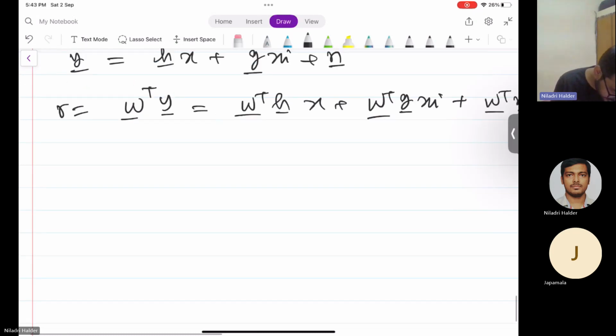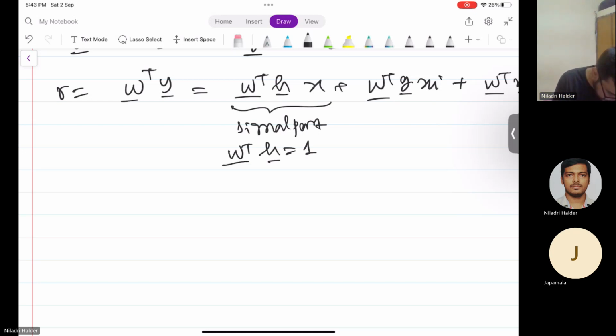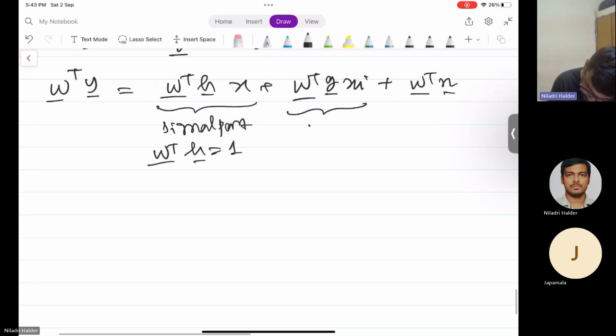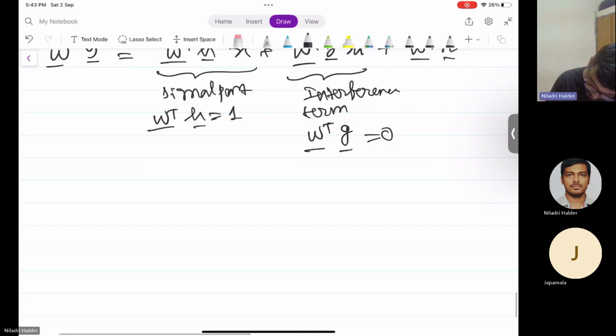So this is the signal part, where we know w transpose h equals 1, and this is the interference term. Here we will say w transpose g equals 0, then the interference will become 0. So this is the zero forcing condition.